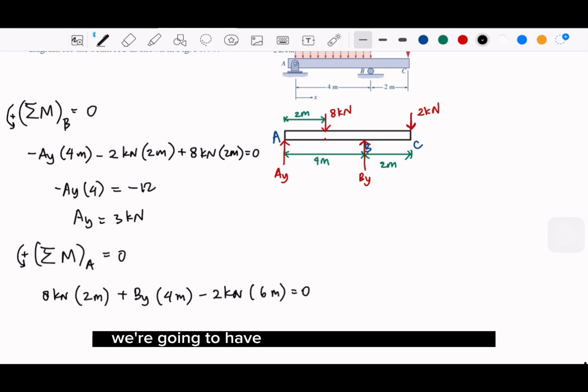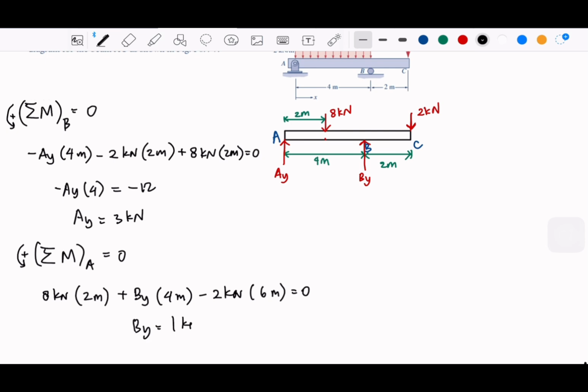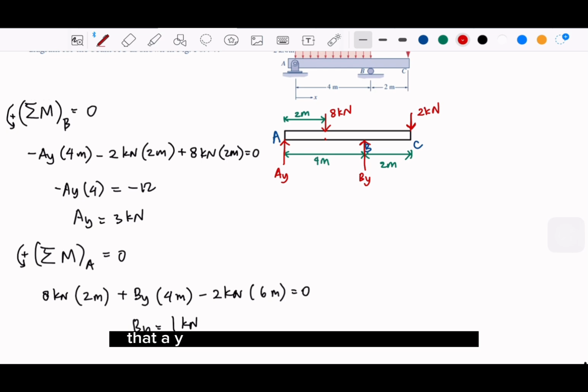We have 16 minus 12 is 4, so BY is 1 kilonewton. So let me write here that AY is equal to 3 kilonewton and BY is equal to 1 kilonewton.